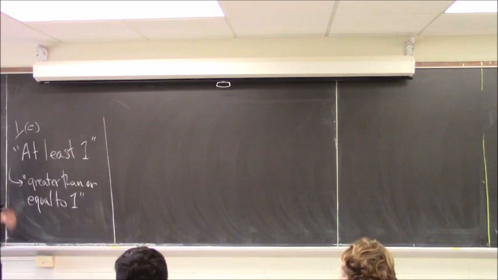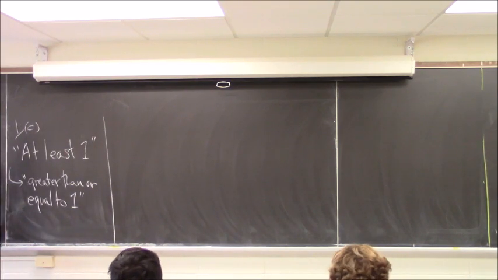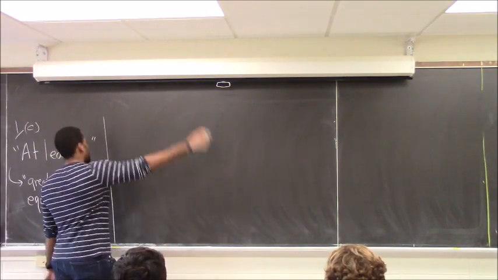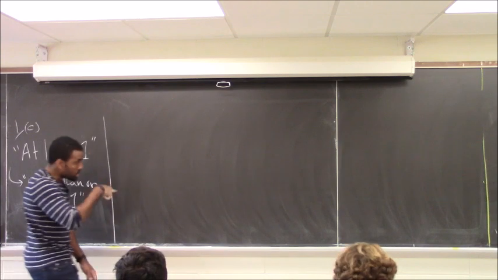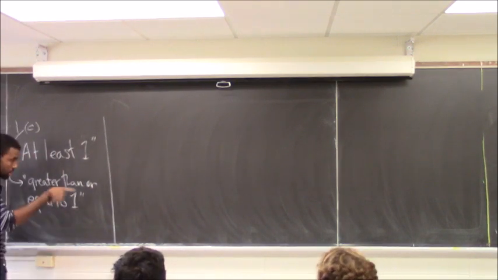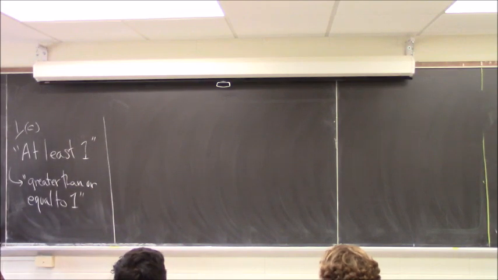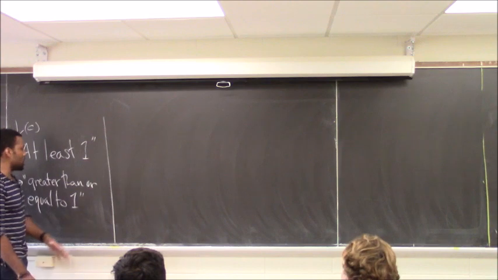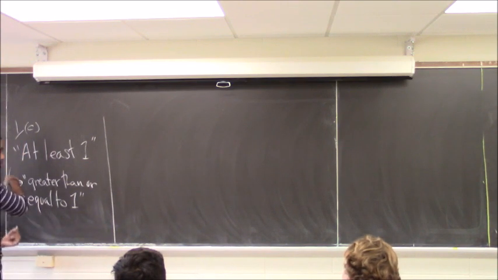And like I said, tons of options of how to do this problem. Here's one way we can do it. You could draw the tree diagram and just count how many ways you'll have 1 H or more, or the table, count how many ways you have 1 H or more, or do the coordinates. But I'm going to use this as an opportunity to use one of the axioms of probability that I mentioned before.